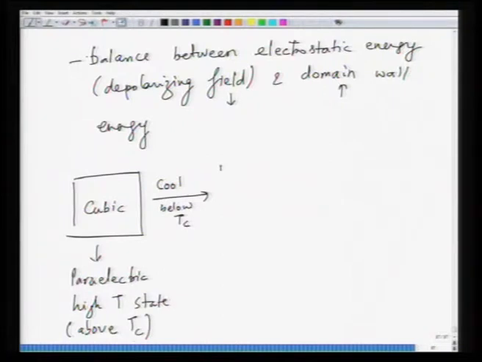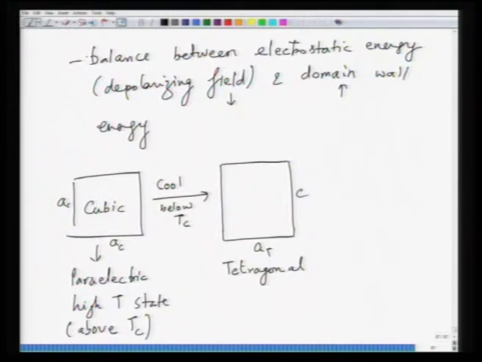When you cool it below Tc, the material transforms into tetragonal. So, what you have is a tetragonal phase. Here it is AC, AC, here it becomes AT and CT. That is how tetragonal crystals are defined.